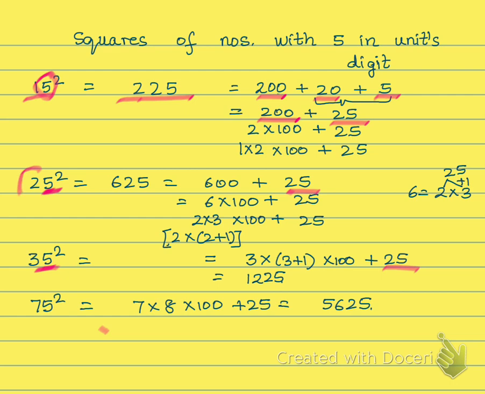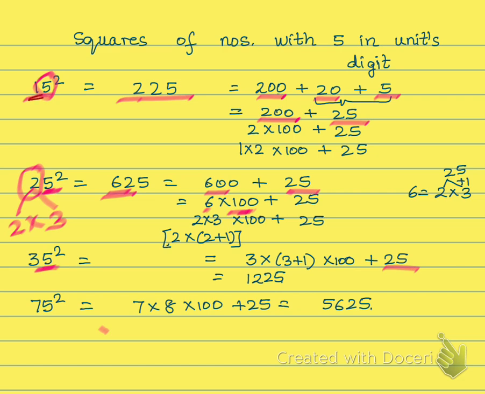Now we need to find a trick as to how we make use of the tens digit over here. Here I'm getting 625. So that means 600 plus 25. That's 6 times 100. Interestingly, 6 is the product of 2 and 3, right?